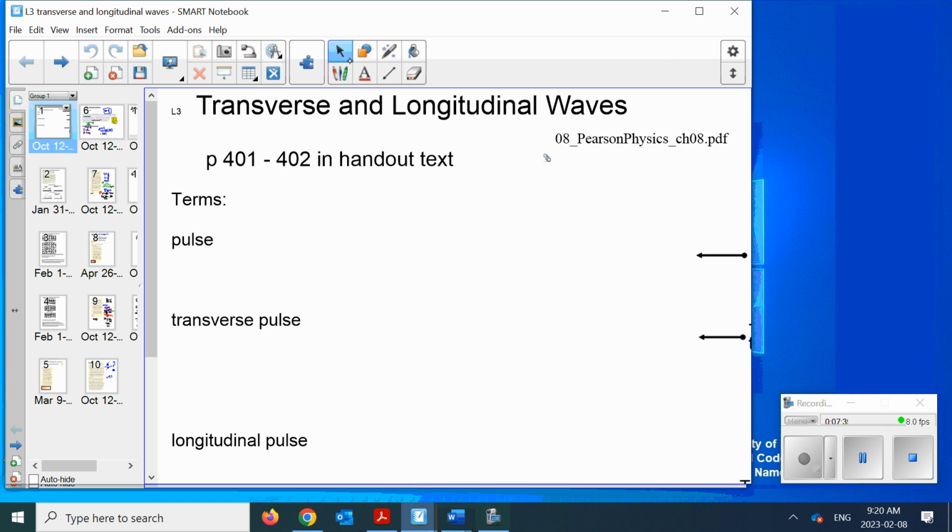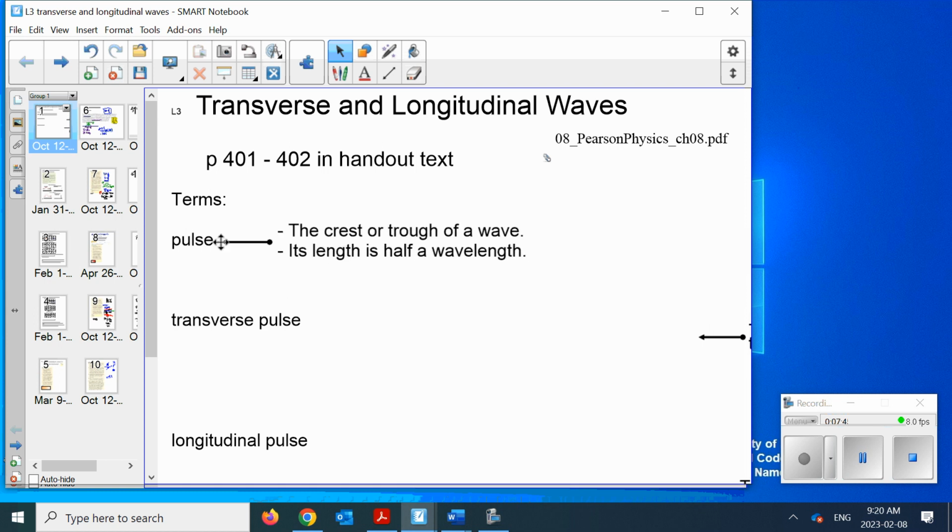So, term: pulse. The arrow on this is just so I can drag it. What is a pulse? It's the crest or a trough of a wave. It's half of a wave like this. One push.